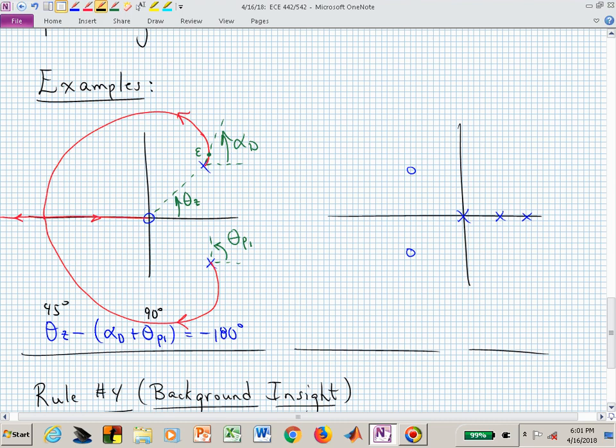So in fact, I should be going off at that angle from that pole, based on if this diagram is sketched accurately.